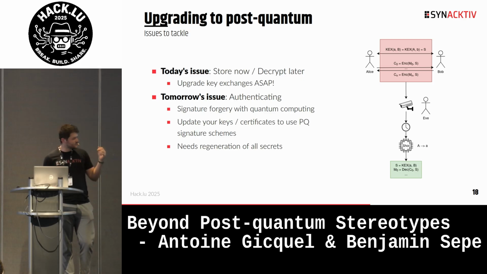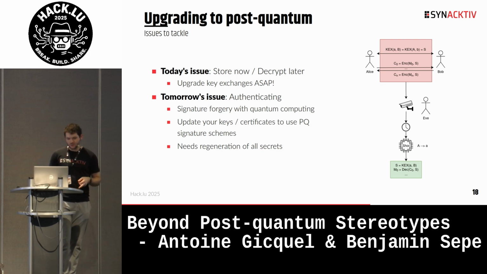If today Alice and Bob have a conversation, starting with the key exchange and then symmetric crypto to exchange the real conversation, and Eve records the whole conversation and waits until a quantum computer becomes practical, she could use Shor's algorithm to break the key exchange, recover the shared secret, and then decrypt the whole conversation later. So this is a problem as of today. If you exchange data today that is recorded, maybe in 10 years it will be decrypted.